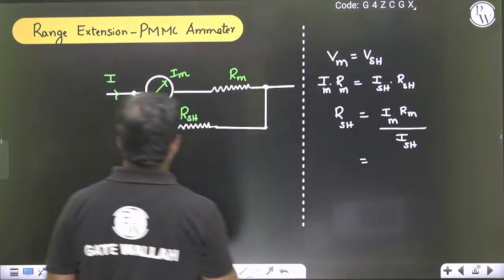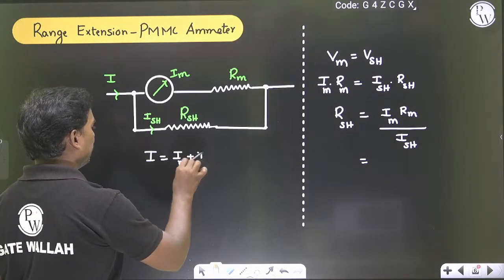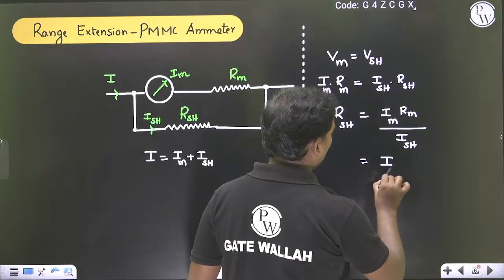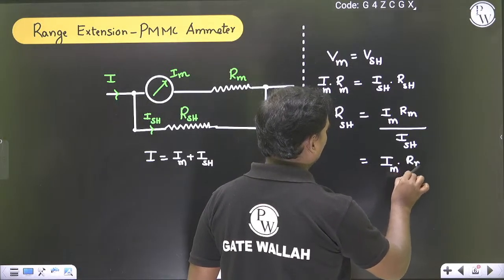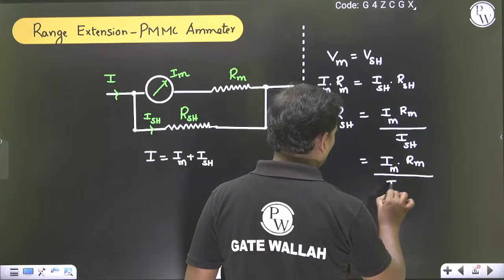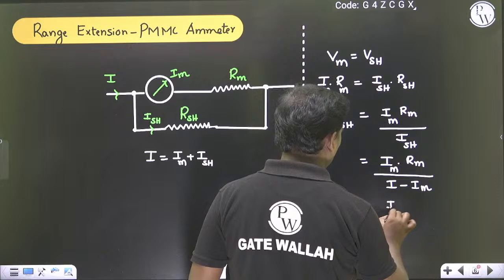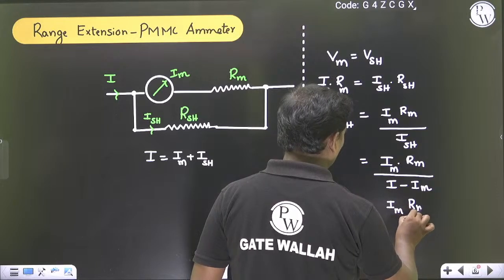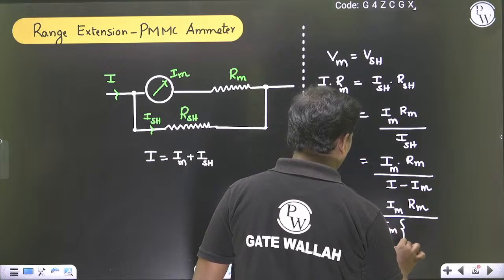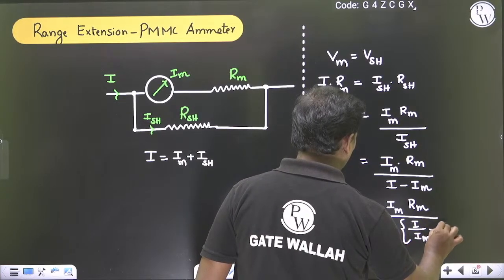The total current I splits into two parts, and ISH can be taken as I minus IM. Taking IM out, RSH is RM by (I by IM minus 1).